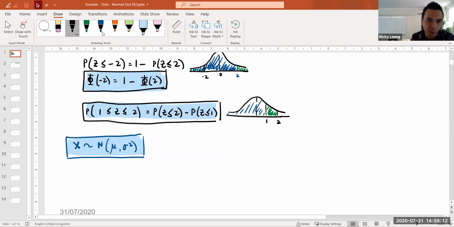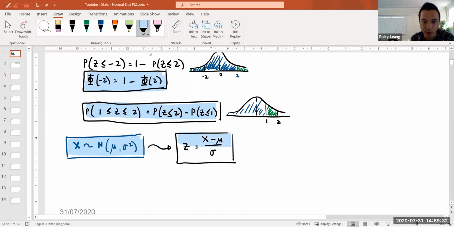So what we do is a conversion, where we convert this into Z, where Z equals whatever X value I have, subtract the mu, divided by sigma. So this conversion takes us from normal to standard normal.